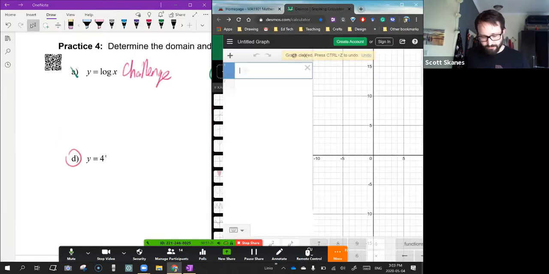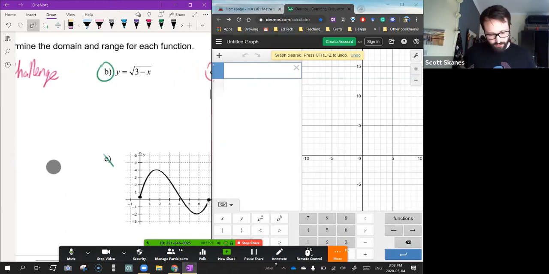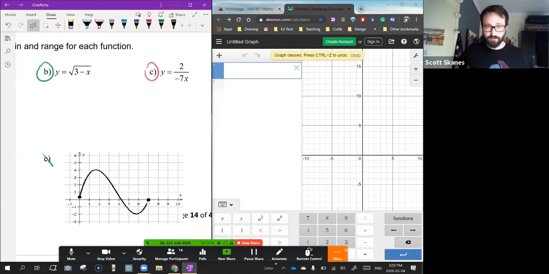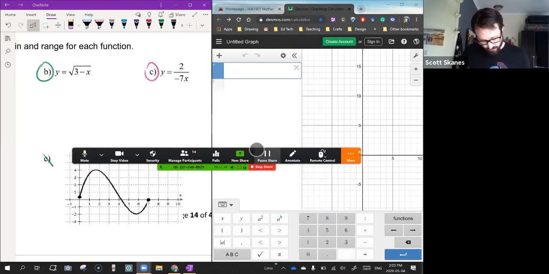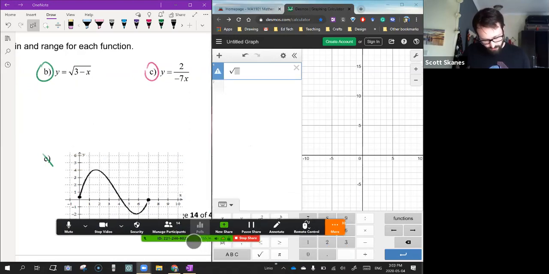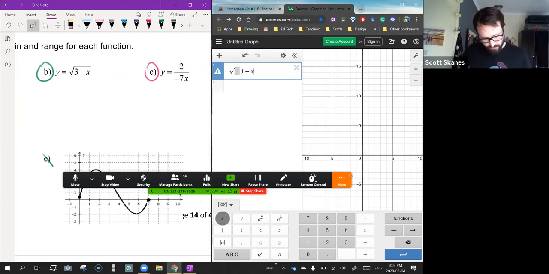So let's make a new graph. In this case, I want to do practice B. I need the domain and range, the x values and the y values. Square root, where's my square root here? Square root of 3 minus x. Oops. 3 minus x. Delete that.